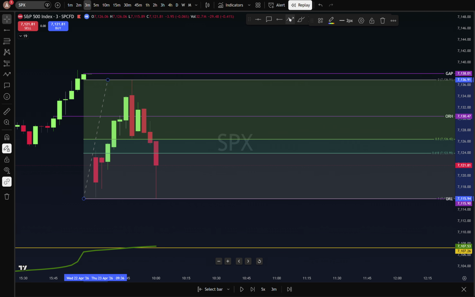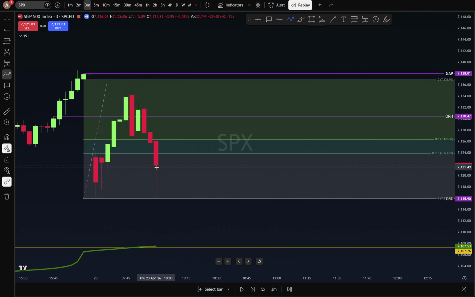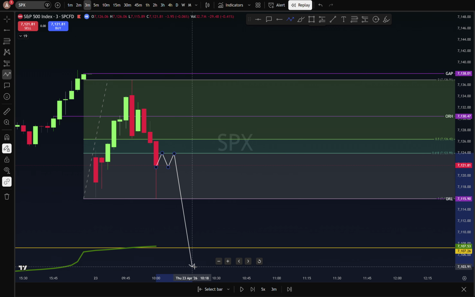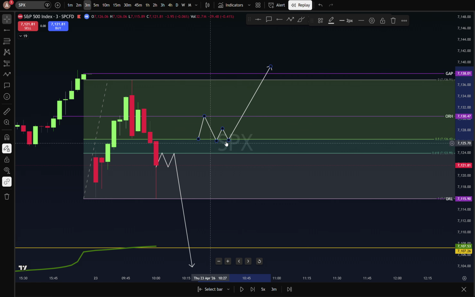Okay, now what happens here, if this pumps here and then rejects and then again rejects, then it's gonna dip. But if it pumps and then retests this level and then again retests, it's gonna pump, because this is gonna work as support, and this is gonna work as resistance.